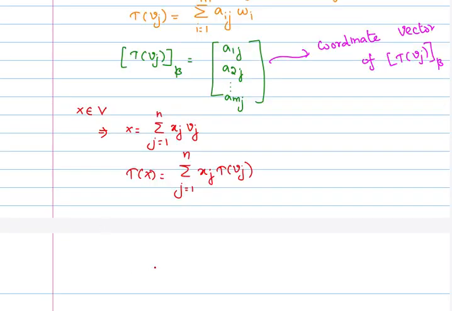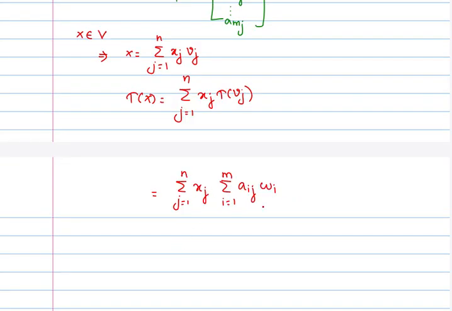That is a clear idea. So T(x) equals the sum over j from 1 to n of xj times the sum over i from 1 to m of aij times wi. Now I multiply xj inside and rewrite it as the sum over i from 1 to m and the sum over j from 1 to n of xj times aij times wi.